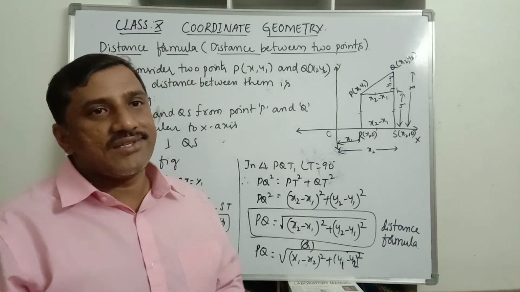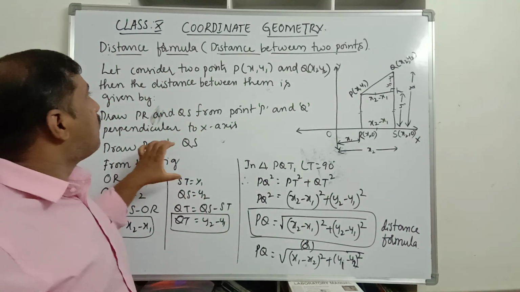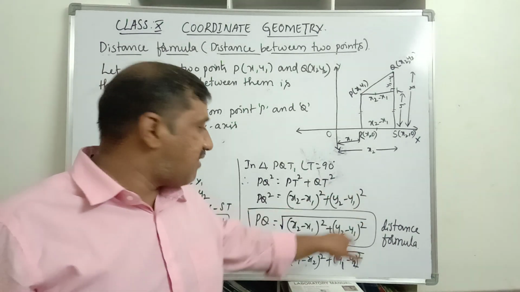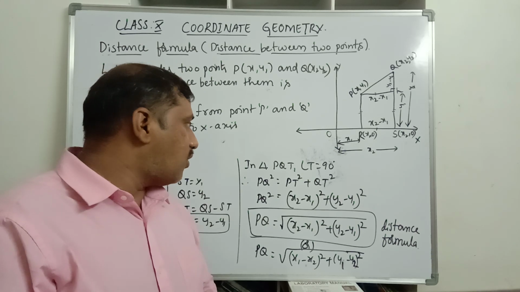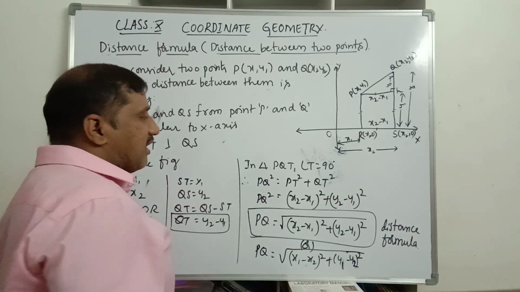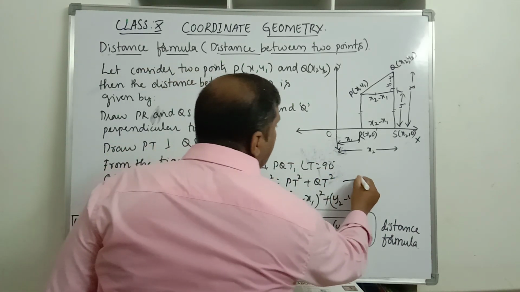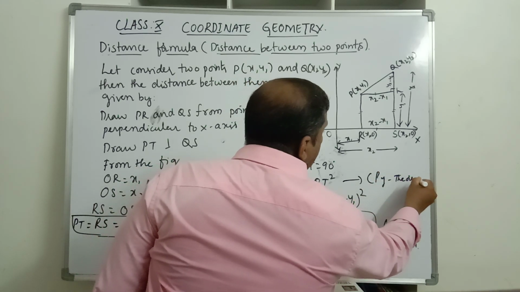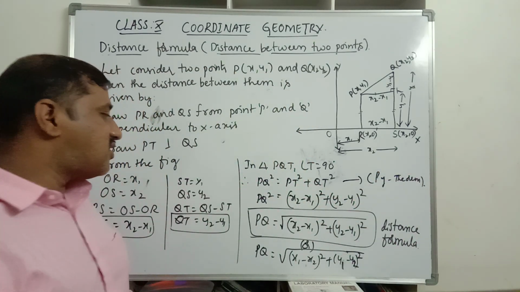Now this formula is known as the distance formula. So what is the distance formula? The length of PQ is equal to the square root of x2 minus x1 whole square plus y2 minus y1 whole square. What we applied here is the Pythagoras theorem. Did you understand, children?